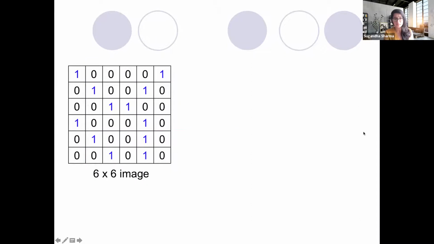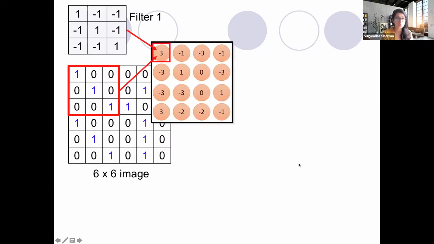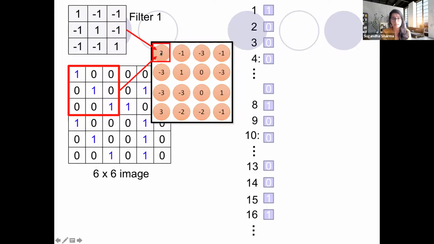So let me just make this a little bit more clear. Going back to the first filter, we can see that when we convolved this filter with the first region of the image, we got the first activation in the output image. If we look at how this would look analogous to a fully connected net, then we have this flattened version of this image here, and this output activation in the next layer.